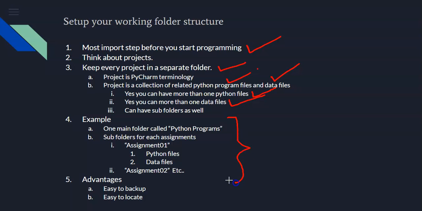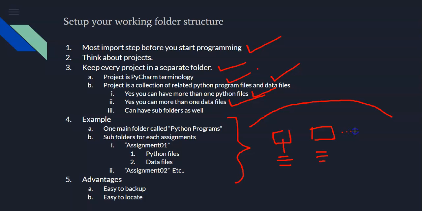For example, you can have one main folder called Python programs. This is like an umbrella, and under that you can have a number of subfolders. Say, for example, I can have a subfolder called assignment 1, and in this subfolder you can have a number of Python files and data files, and one more subfolder called assignment 2, with a number of Python files and data files.